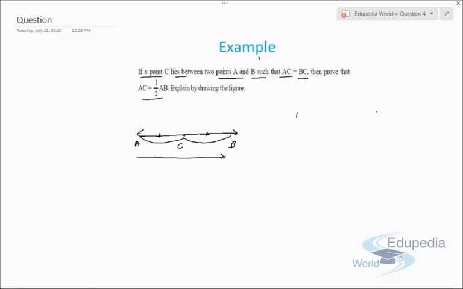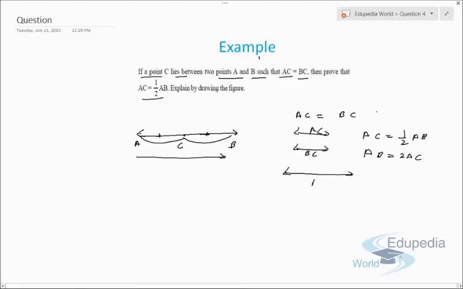Or we can write like this: if AC is equal to BC, means if this is AC, this is BC, so AC will be half of AB, or we can say AB will be 2 times AC. Why? Because these two lines are equal, but when we combine each of them, it makes the complete line AB. So this is how we can explain through the figure.